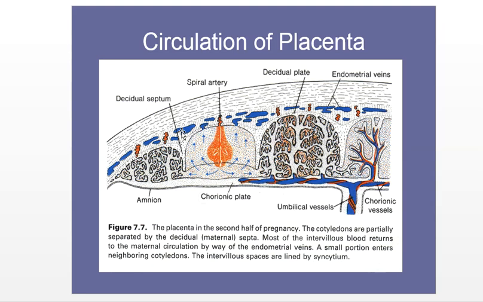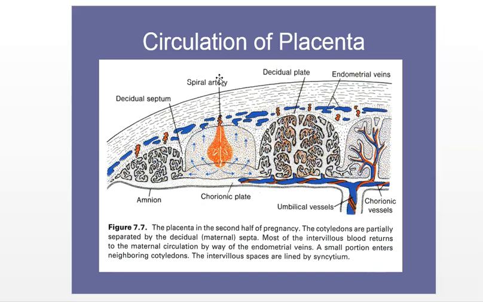These septa have a core of maternal tissue. Here this is the maternal tissue, but their surface is covered by a layer of syncytial cells. This is the syncytial cells, so that all the time a syncytial layer separates maternal blood in intervillous lakes from fetal tissue, the villi.